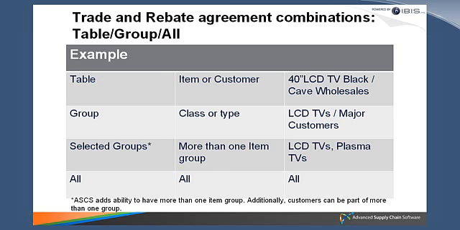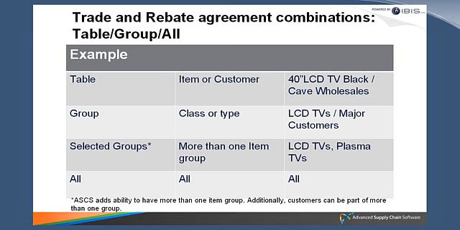Now, things that we've added to the standard AX product, and again, when I say standard AX, that's what Microsoft has developed. Our solution, the Advanced Supply Chain Software solution, has added the ability to, one, add a customer to multiple price groups, so they're not associated with just a single group. They can be associated with multiple price groups, and then it gets down to whichever trade agreement is valid.